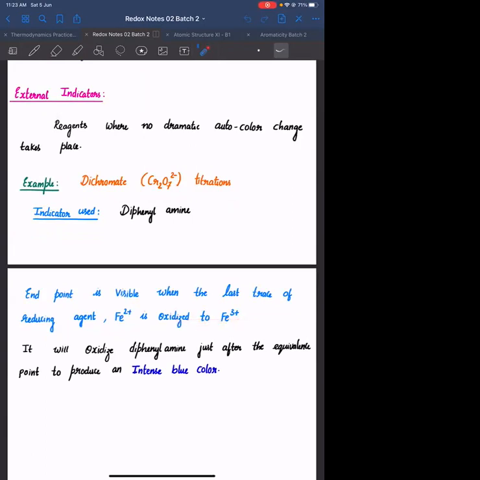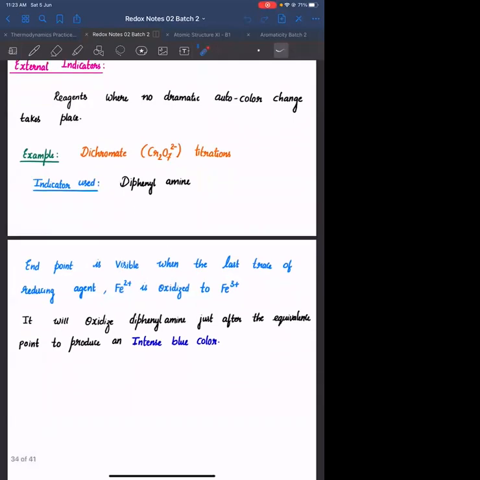In this case, you need to add an external reagent or external indicator. I am using diphenylamine. No need to remember any of these indicators, the names of these indicators. They will be separately mentioning so and so indicator is added. Everything other than the reagent will be the indicator. So from the question only, you can sort out which is the indicator.